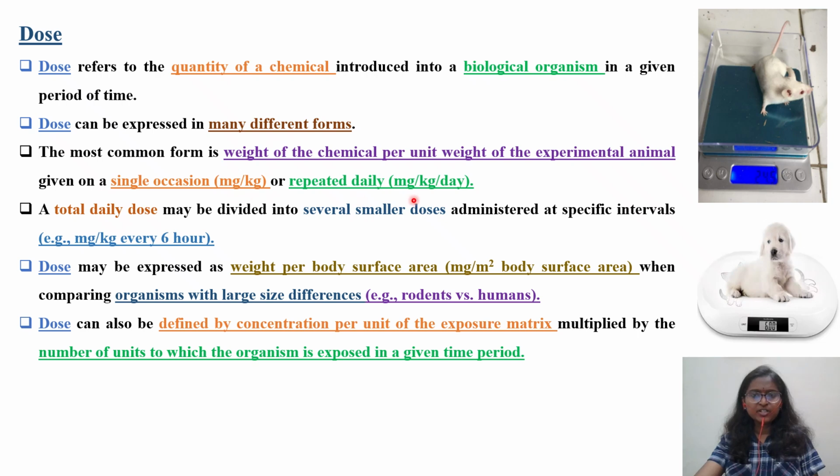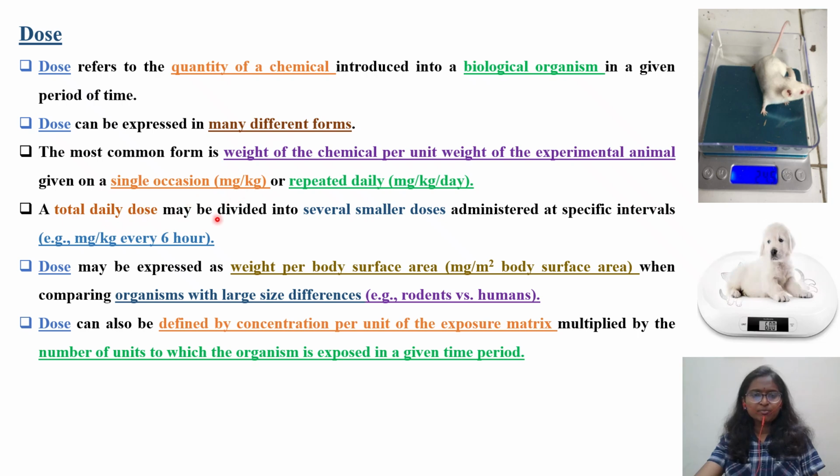For repeated daily dose, mg per kg per day. In repeat dose toxicology, where you have dose descriptors NOAEL or LOAEL, the units will be mg per kg per day. Whereas in acute toxicology studies, the dose descriptor is LD50, and the units will be mg per kg.